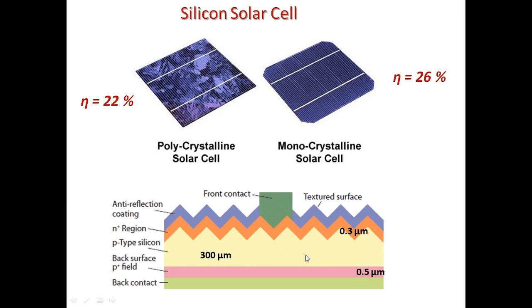As one of you has asked me, do we have to irradiate only on the junction? It is not true. The important thing, as I've told you in the basic mechanism of a solar cell, is that when you irradiate any semiconductor with light, if the energy of the photon is higher than the band gap, it will produce an electron hole pair.